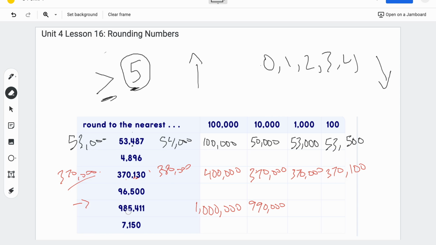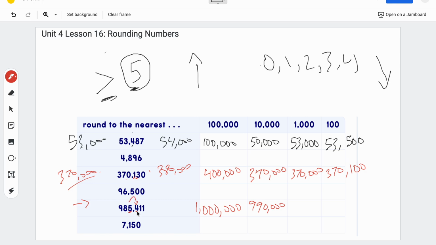So now I'm going to round it to the nearest thousands place. So you go to the thousands place, you see a 5 there. So that means I have over here 985,000. So this number is between 985,000 and 986,000. So I want to know what is it closest to. Is it closest to 985,000 or 986,000? So I go to the digit next door, which is the hundreds place in this case.